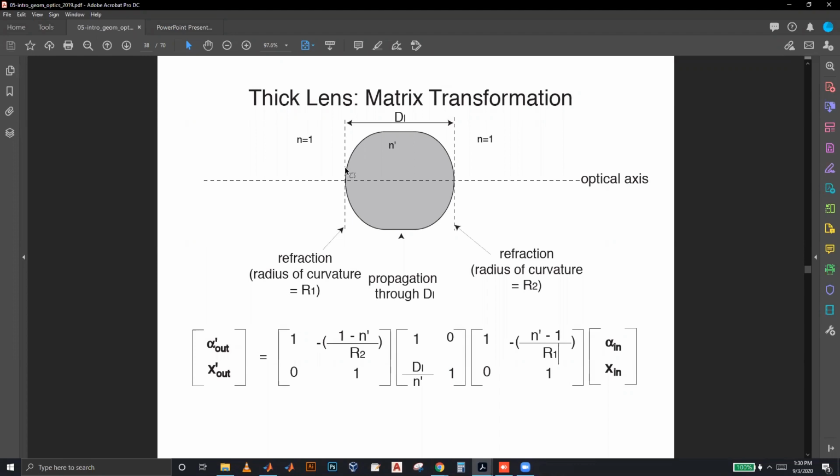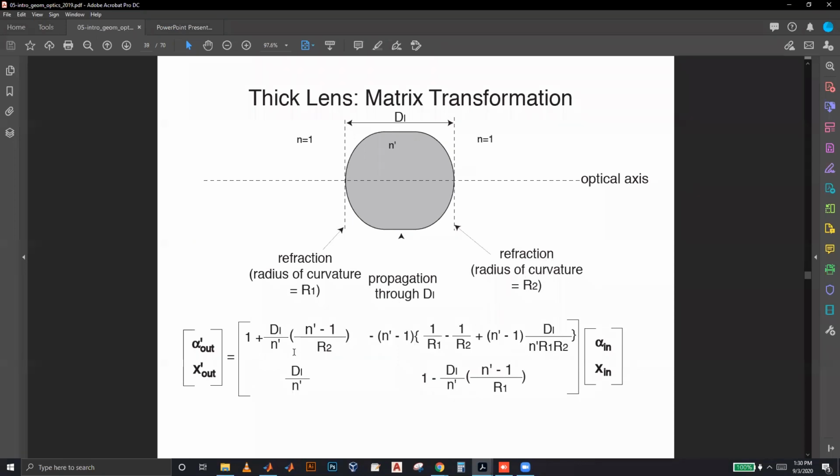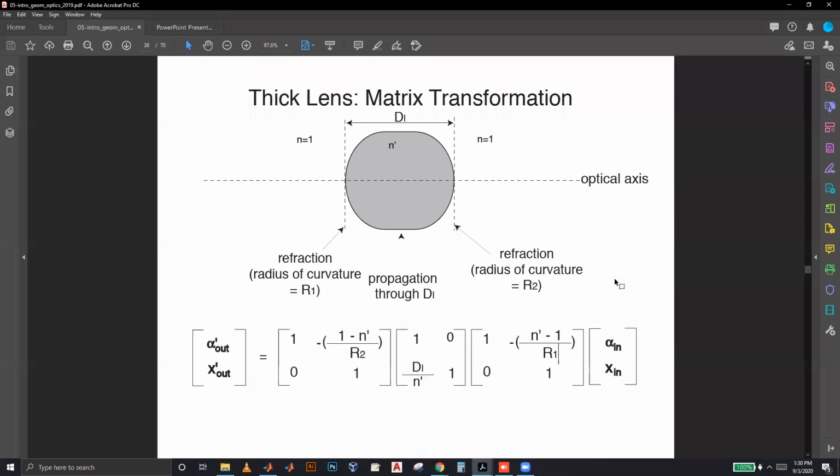So we are just considering the ray entering the lens and the ray exiting the lens. So refraction, propagation, refraction, written in matrix form as refraction from the second surface, propagation, then refraction from the first. So you do the matrix multiplication, and maybe you can do this as a homework.